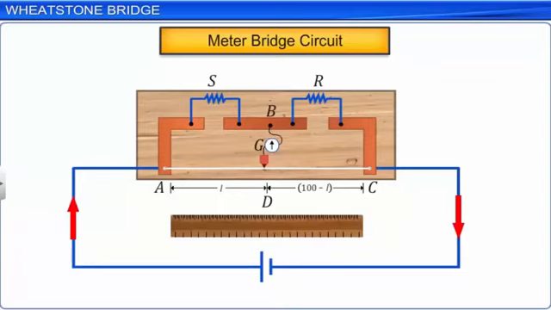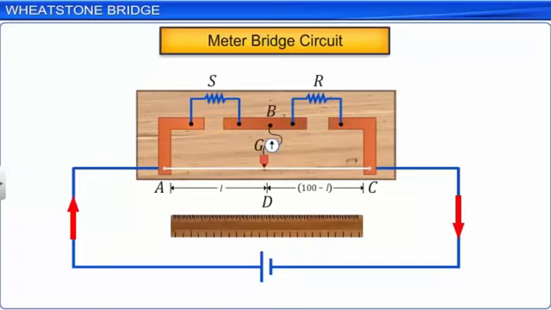There are 2 gaps, one on the left and the other on the right, in the horizontal part of the metallic strip where 2 resistors, one of which is known and the other unknown, are attached.